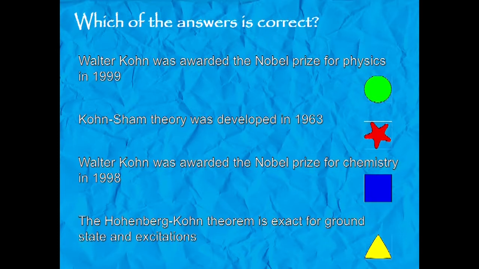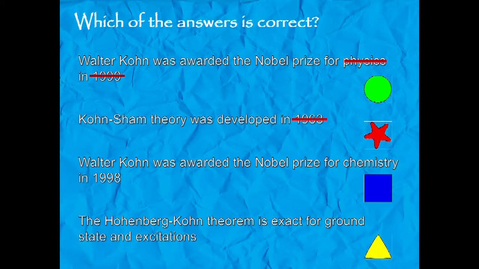Okay. Many of them, most of them are very good. There are a few of them which are not correct. So let me tell you, Walter Kohn was awarded the Nobel Prize because his work was really considered essential for computational materials chemistry. Actually, he was not awarded the Nobel Prize for Physics, and it was not in 1999.